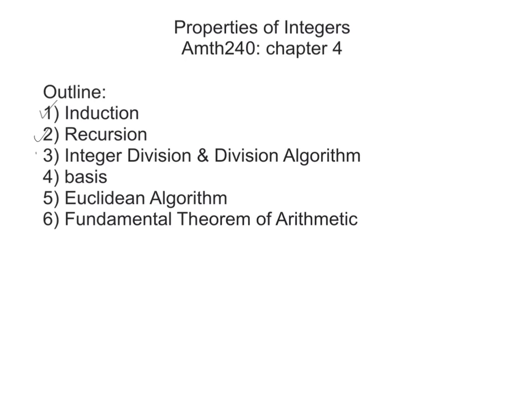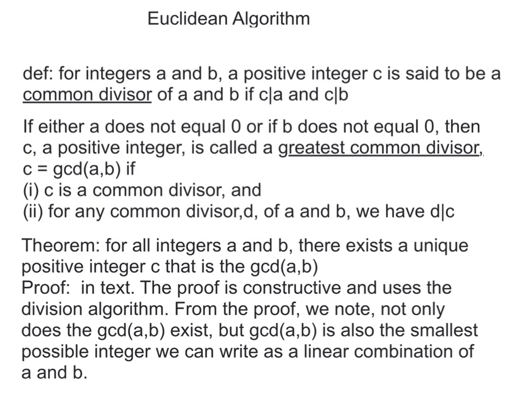So we've gone through bases, and our next topic is the Euclidean algorithm. First, we have some definitions. For integers a and b, a positive integer c is said to be a common divisor of a and b if c divides a and c divides b.